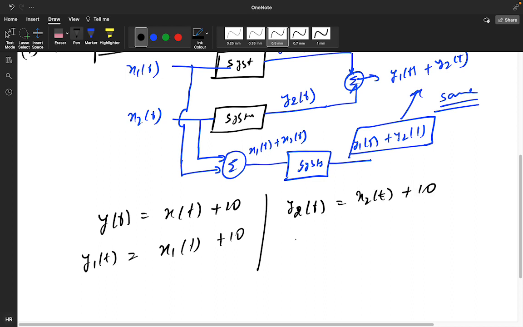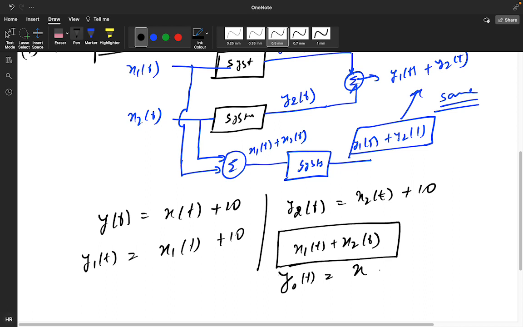Now suppose you are giving the input as x1 of t plus x2 of t, so what output will you get? The input is always added with a constant, 10, so x1 of t plus x2 of t plus 10.